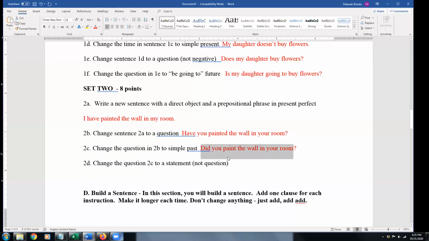When you want to change did you paint back to a statement, well, you don't need the do anymore. The do doesn't really have any meaning. In simple past, it's just painted. You painted. So that's why I had that instruction. I messed up on the numbers. So I accepted anything.